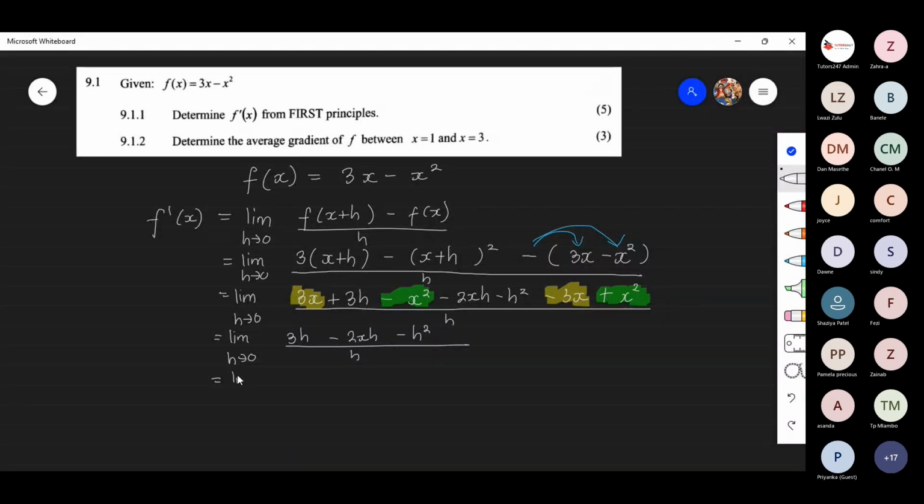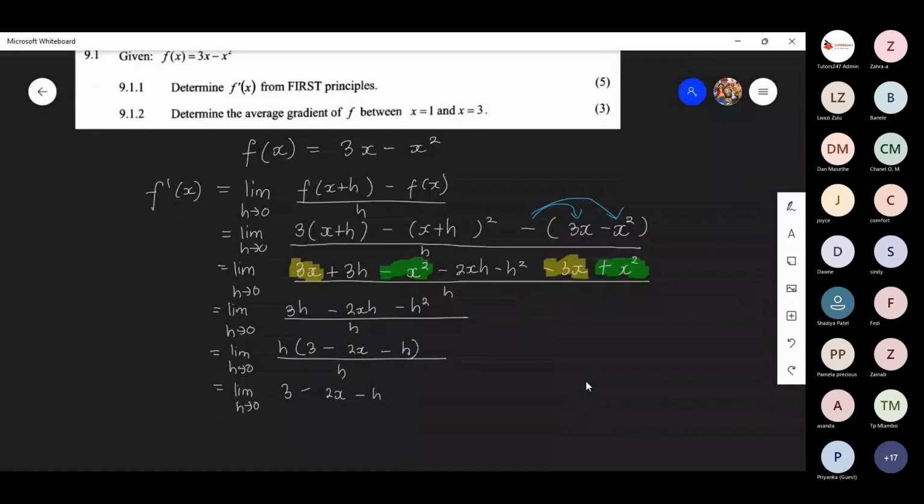That'll give us the limit as h approaches 0 of h into 3 minus 2x minus h all over h. And as we can see, the top will cancel out the bottom h. So that is then going to give us the limit as h approaches 0 of 3 minus 2x minus h.